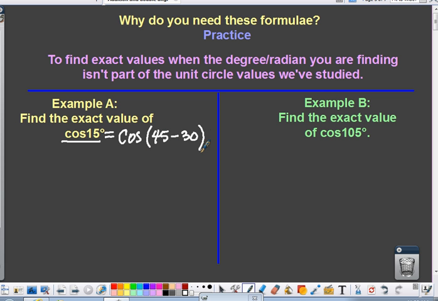Would you agree that that is equal to the cosine of 15? Okay, I think so. So basically, in this case, A is 45, B is 30, and this order does matter. It doesn't matter what A and B are when we have addition, but with subtraction, it matters a lot.